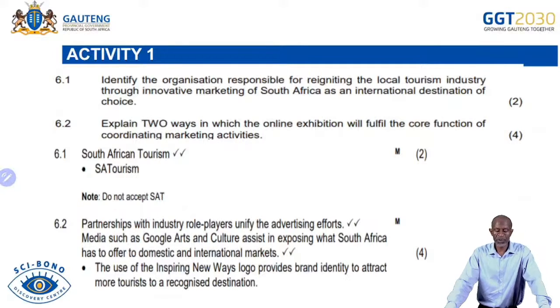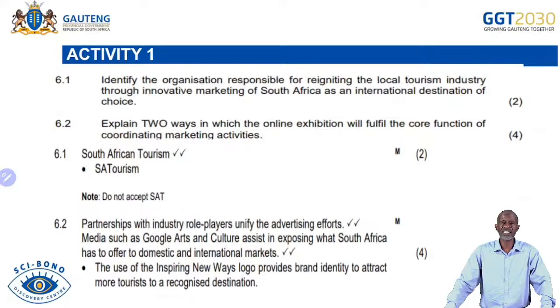For 6.2, explain two ways in which the online exhibition will fulfill the core function of coordinating marketing activities. Here are possible answers. A partnership with the industry role players to unify the advertising. We spoke much about the role players that are involved.